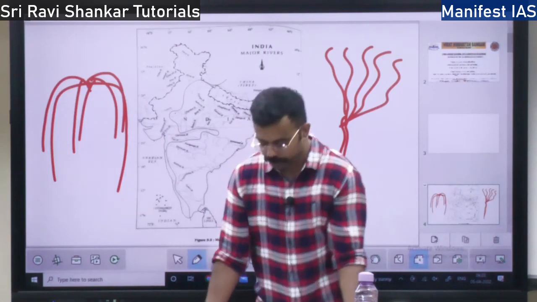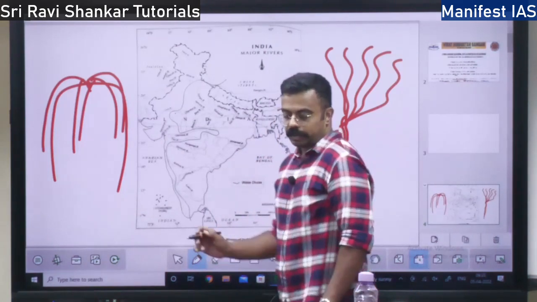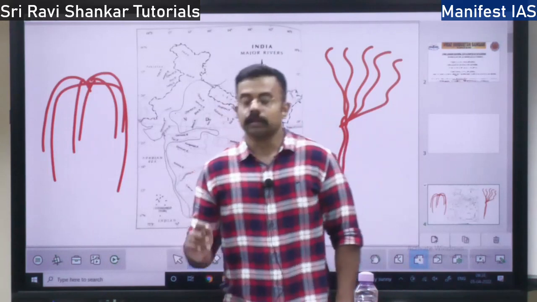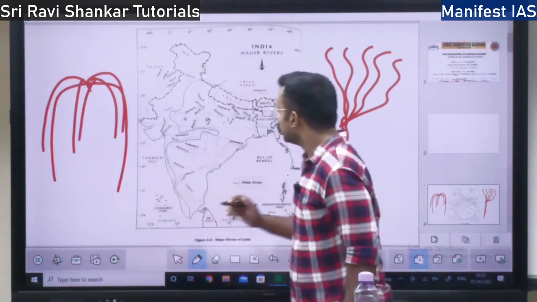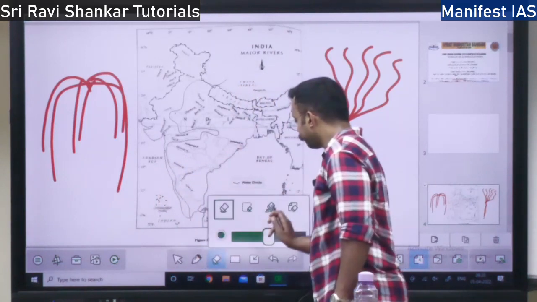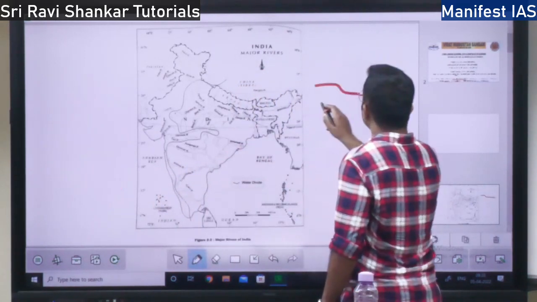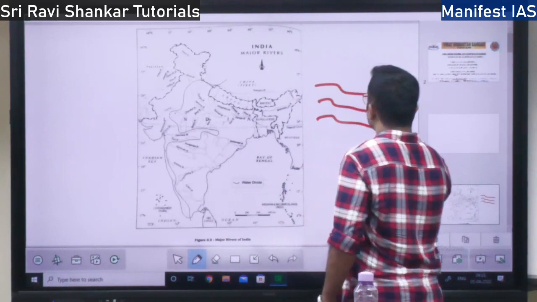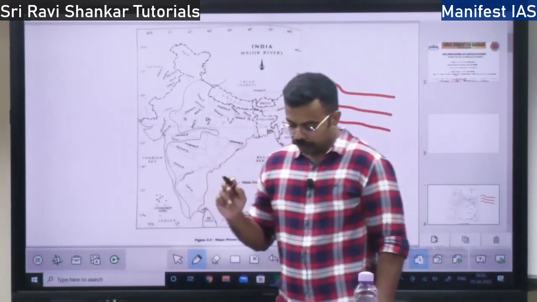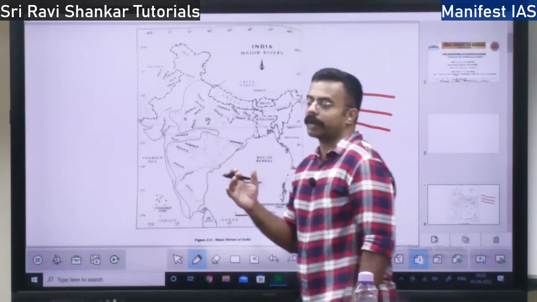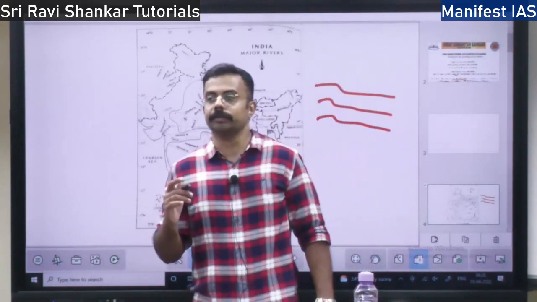Next, you have the trellis drainage pattern. What is a trellis drainage pattern? The rivers are flowing parallel to one another. So this is the trellis drainage pattern. In the trellis you have primary tributaries and secondary tributaries.